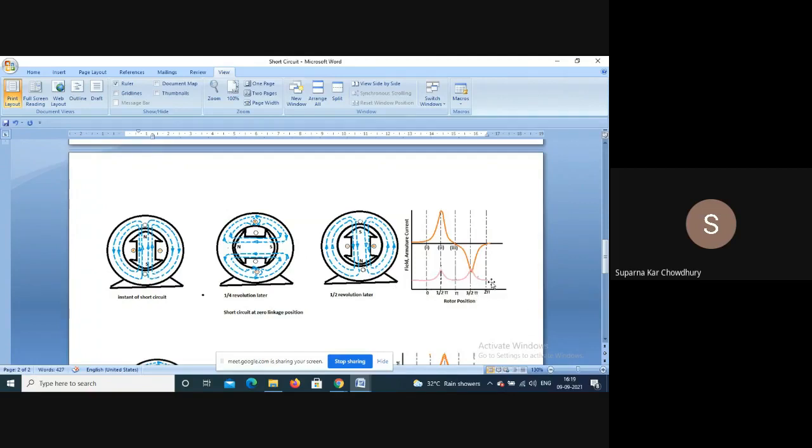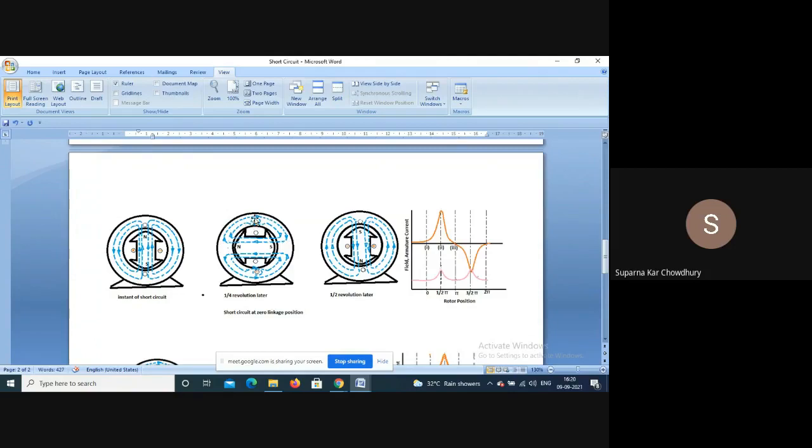So what happens in the field now? Under normal steady state condition, the field current is not affected by the armature current. The field is excited through a DC exciter, so it has constant current. Now, what happens when this short circuit appears?